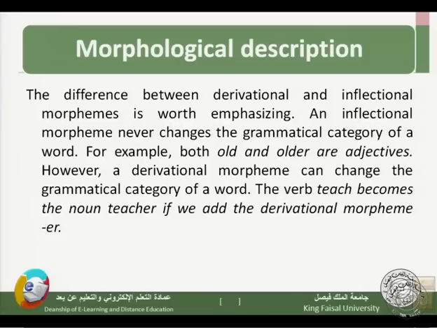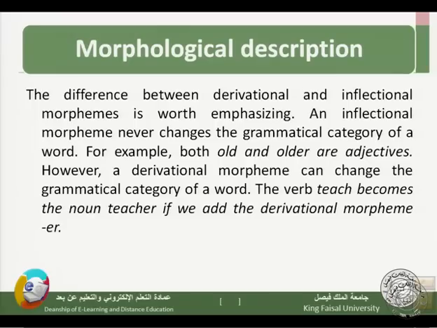The difference between derivational and inflectional morphemes is worth emphasizing. So we need to understand better the difference between derivational and inflectional morpheme. An inflectional morpheme never changes the grammatical category of a word. So whatever you add to a word, the word will never change.